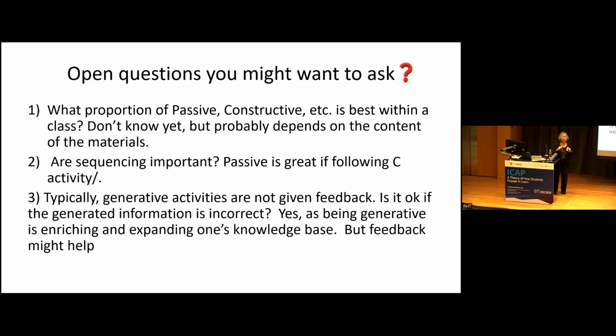But we don't know whether giving you feedback after a generative activity is actually helpful. I just don't know whether that data is out there. But the fact that you can benefit from generative activities without feedback is really great, because then you can use them in online learning without the need to constantly give students feedback. Anyway, those are the three questions I wanted to address, and I'm done.